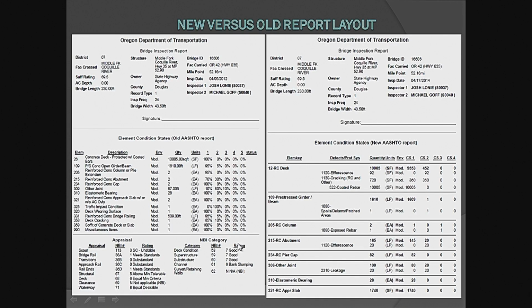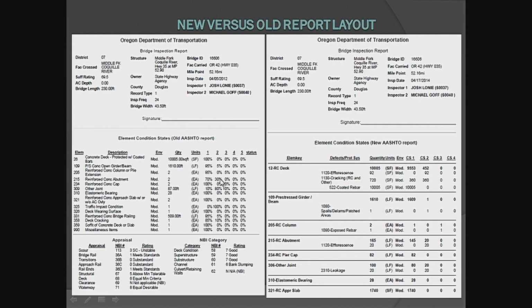And again, like I said, we'll talk about this a little bit later, but this is really the only sheet that shows it. So I want to point it out here. Your deck, your superstructure, and your substructure. These 3 items right here are going to give you how is my bridge doing. This is your good snapshot of your bridge at this point.